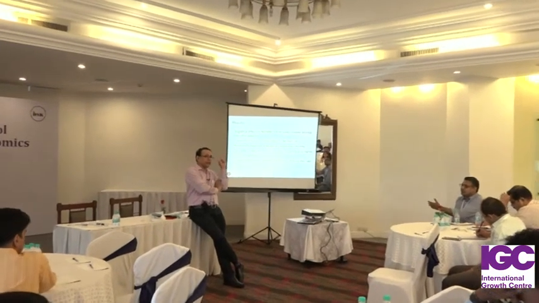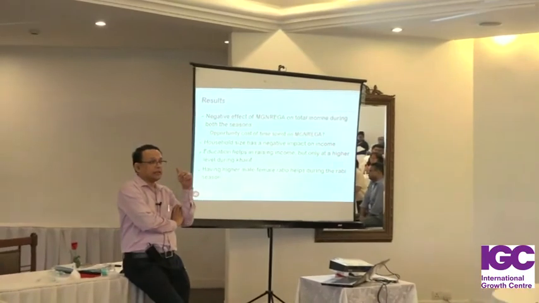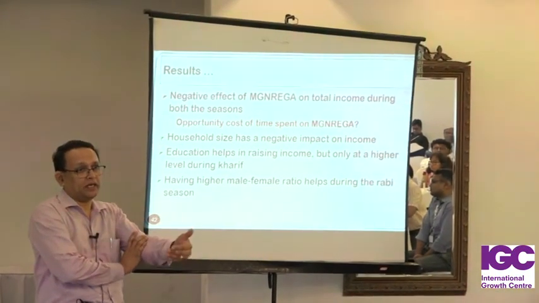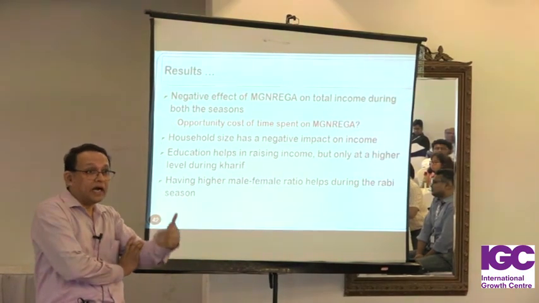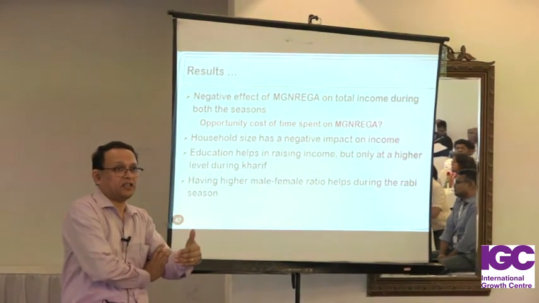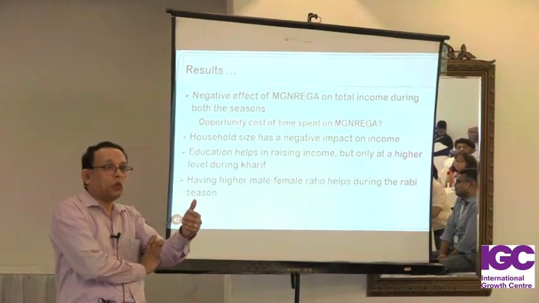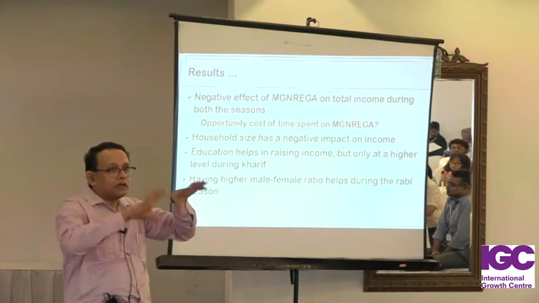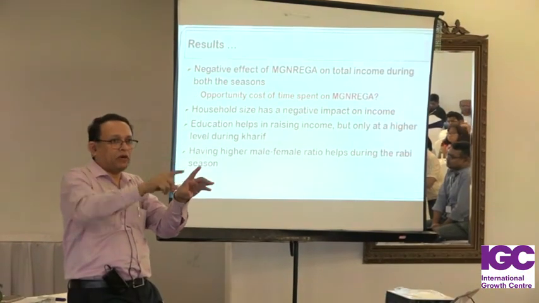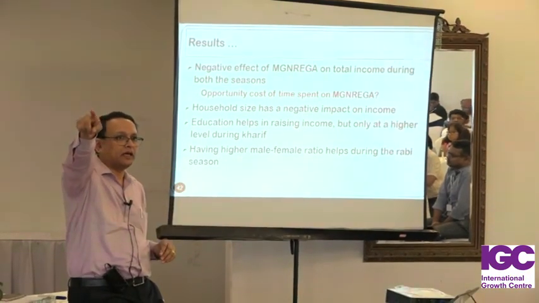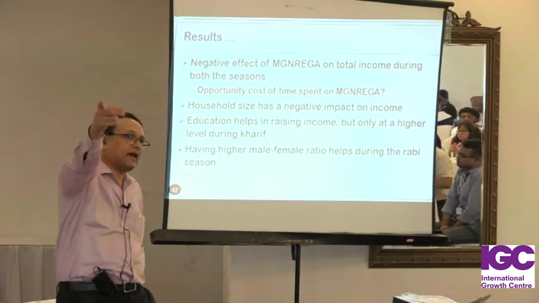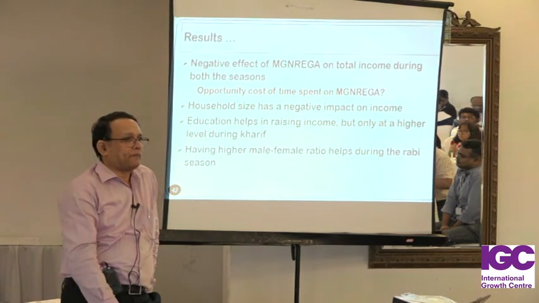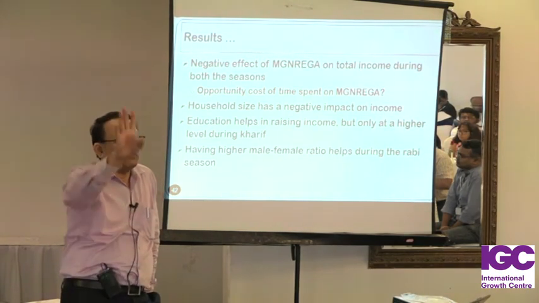Here is a household in which some member is in MGNREGA, and that household is experiencing a reduction in income. Meaning, if in a family of 5, one person went and stood in the queue for MGNREGA, that person could have actually earned more and the family's income could have been higher than spending the time on MGNREGA.